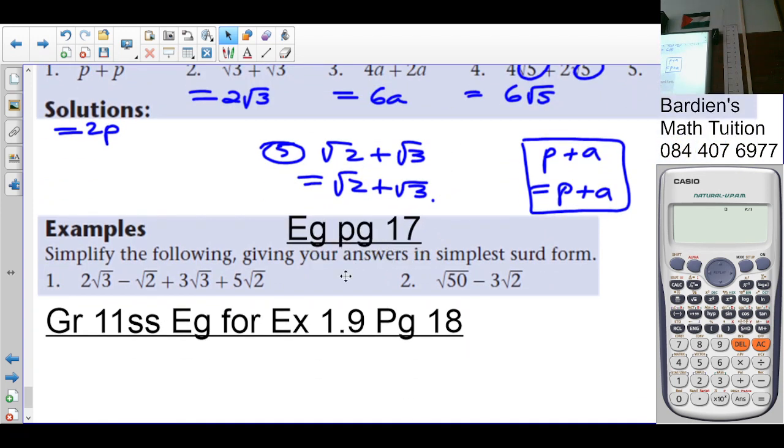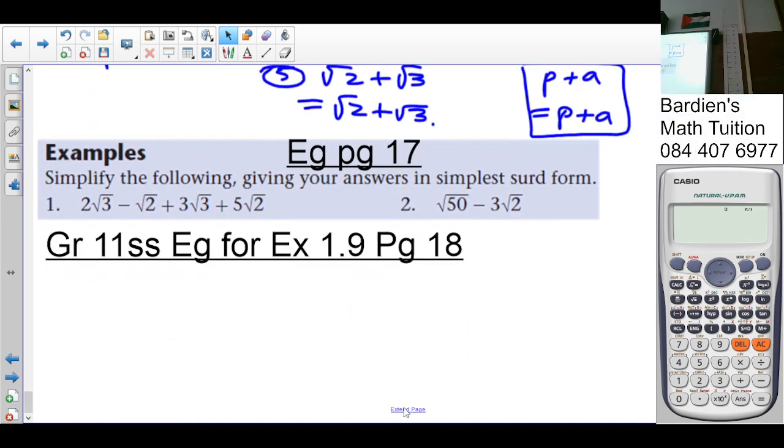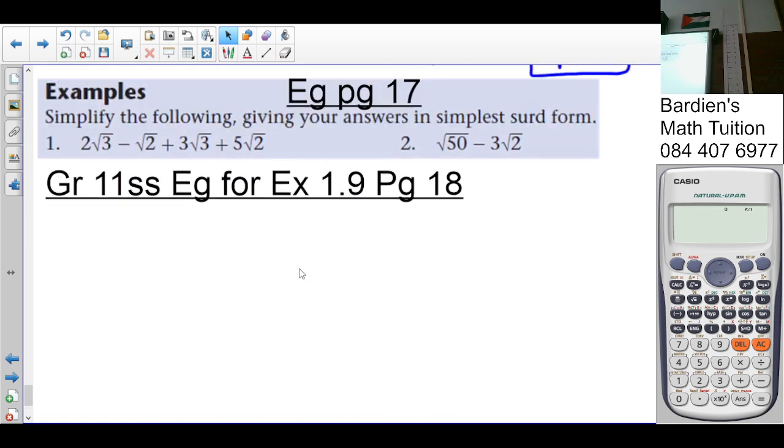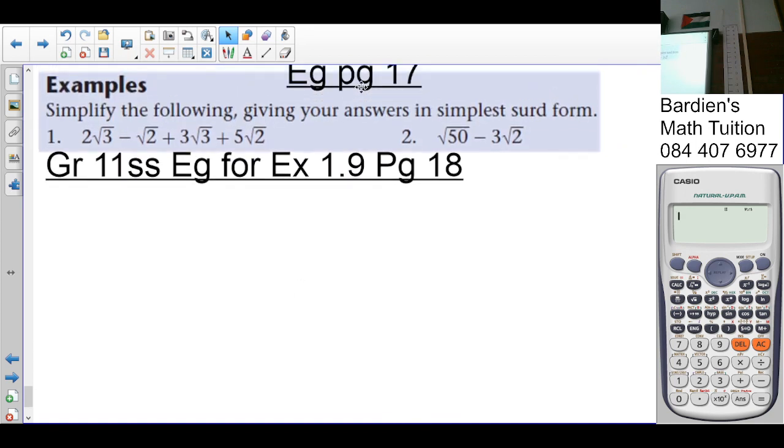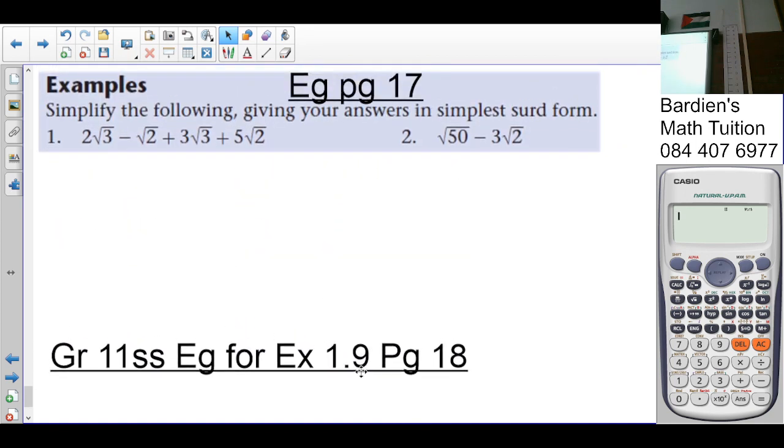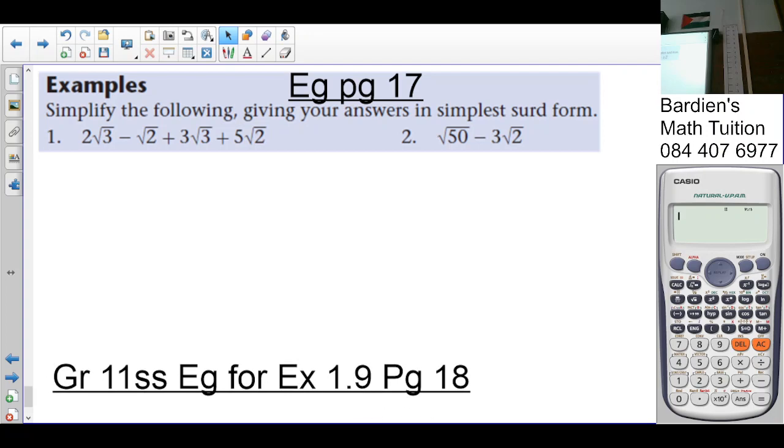We are still on page 17. The question says simplify the following. Give your answer in simplest surd form. As we did with like terms, we're looking for roots that are the same.